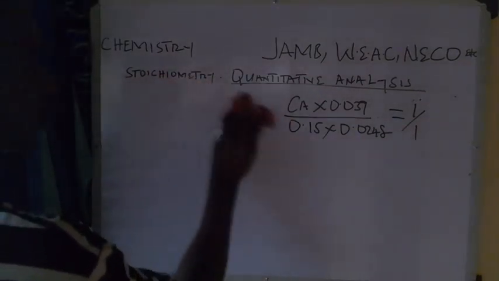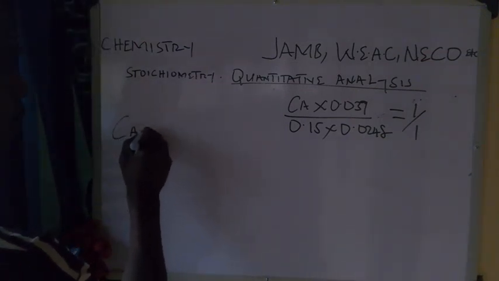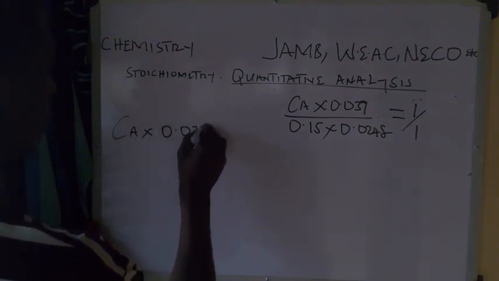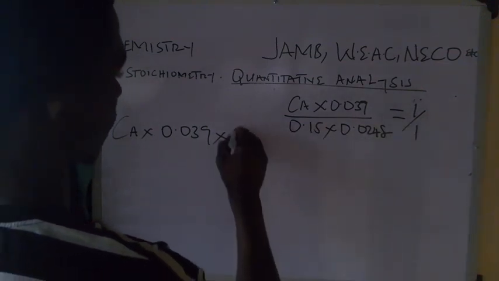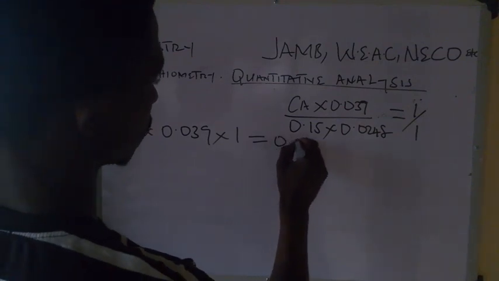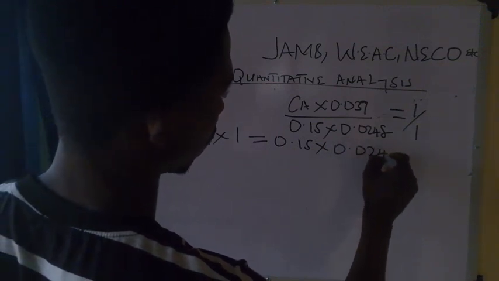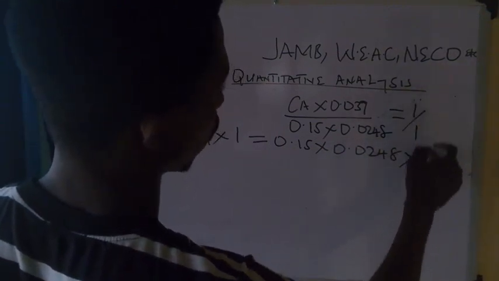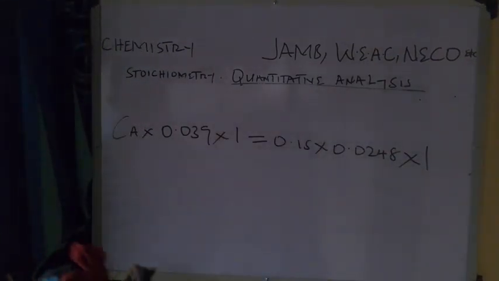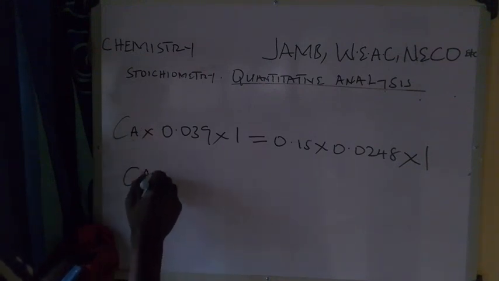If I cross multiply, I have CA times 0.039 equals 0.15 times 0.0248 times 1. Are we following? What we are doing here is to make CA the subject of the formula.